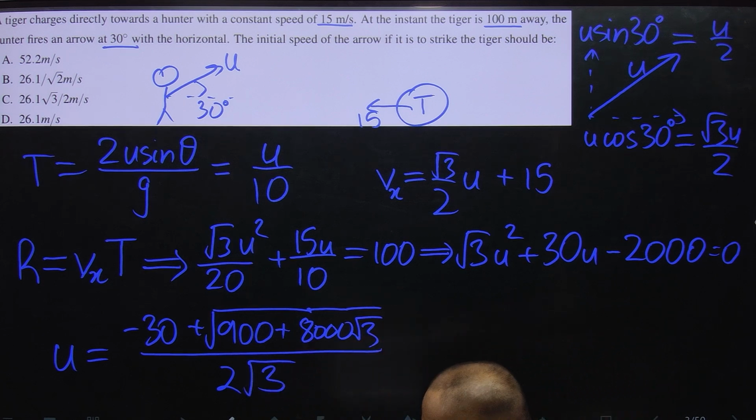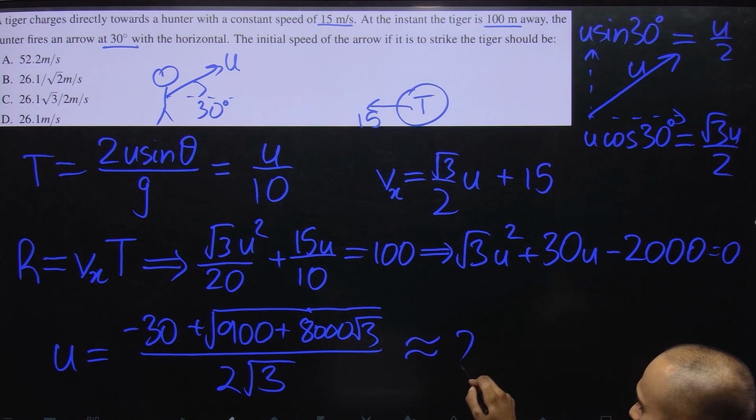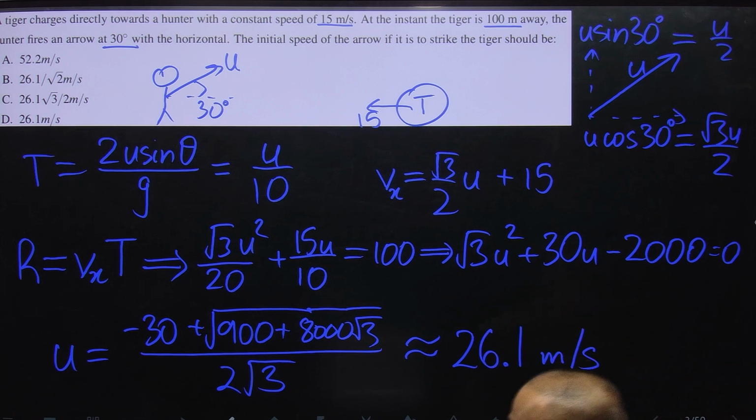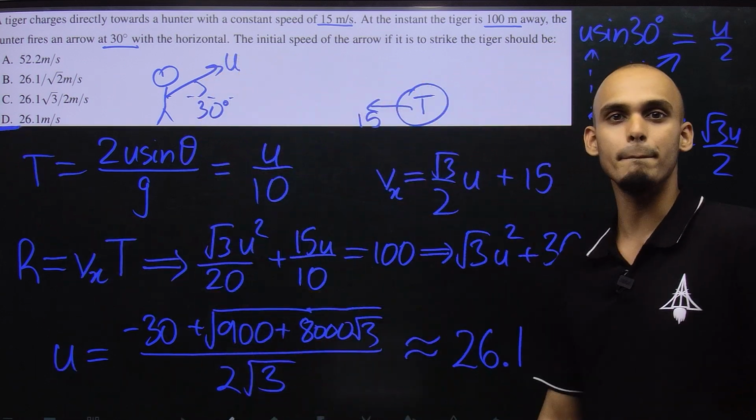And if you simply calculate this using the calculator provided to you, you should get, let me quickly calculate it using my own calculator. Yeah, approximately 26.1 meters per second is the required initial value of the velocity that we're getting. Hence, option D will match over here.